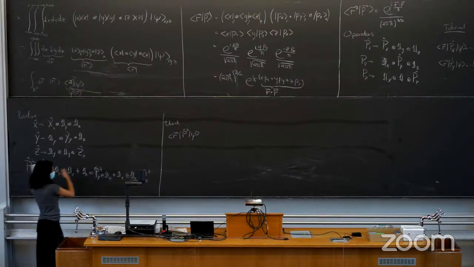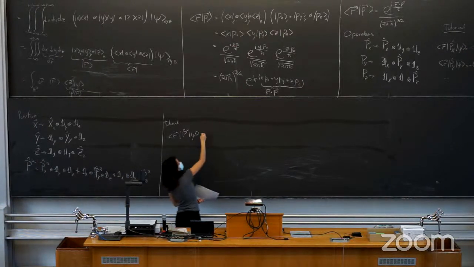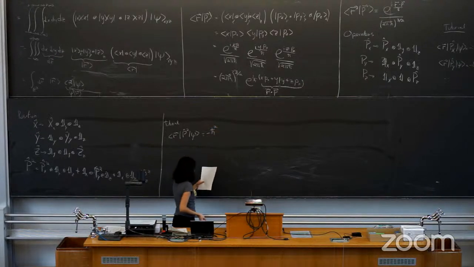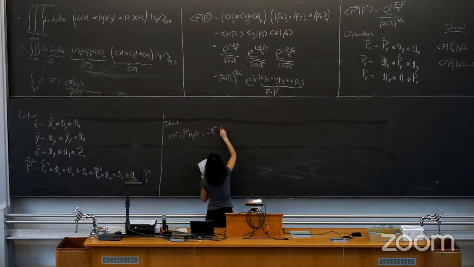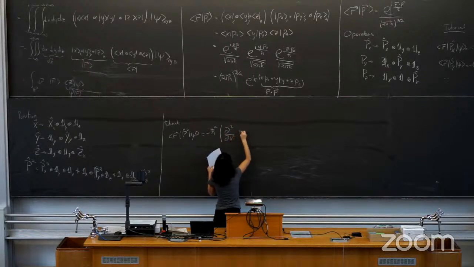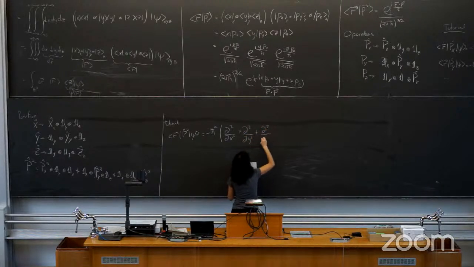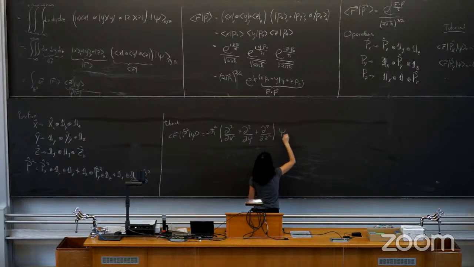So then it's just going to be the sum of the three. And this is going to be minus h bar squared, and then you get the three derivatives. So you get d x squared, d y squared, d z squared of the wave function in position.